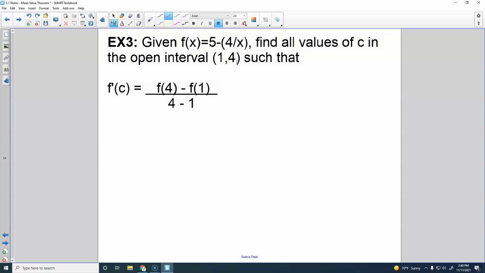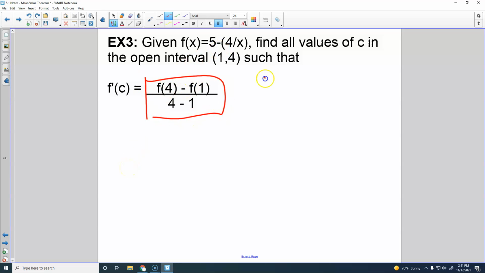So they're not telling you that this is mean value theorem, but the derivative is equal to, what's this stuff right here? This is your average rate of change, right? So this is your slope through the endpoints. So this is mean value theorem. So you're going to find what this equals right here.